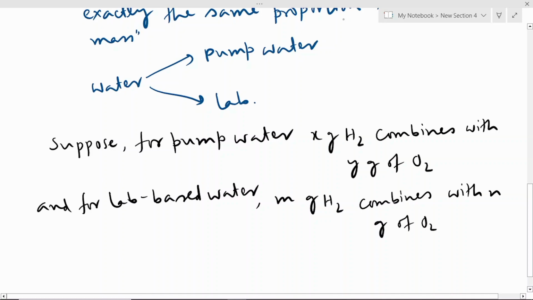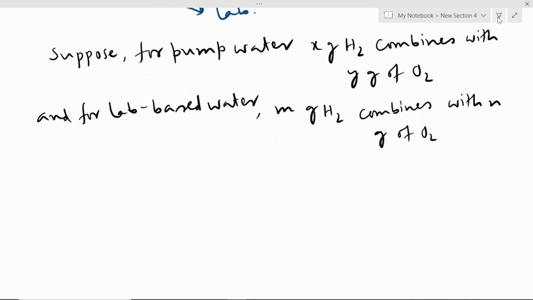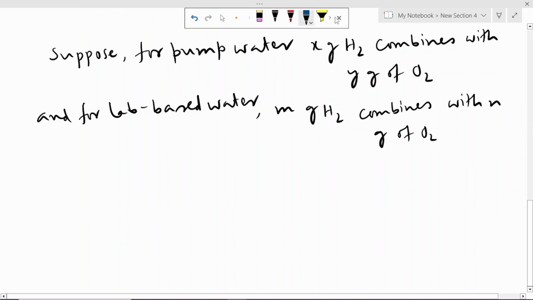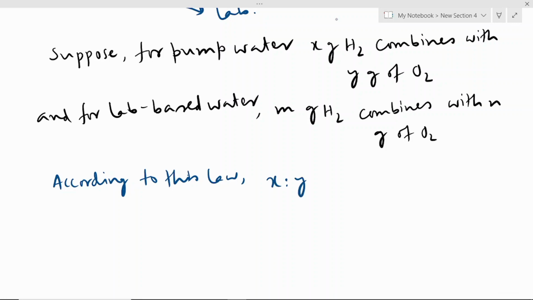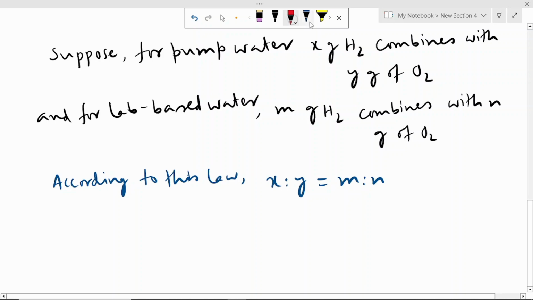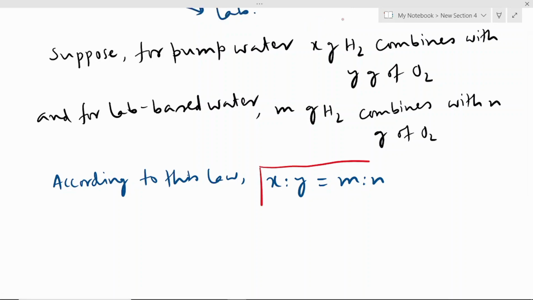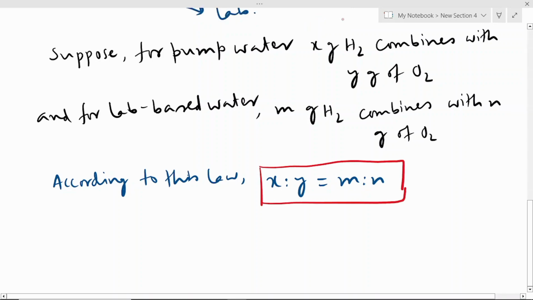So according to this law, we can say that X is to Y is equal to M is to N. This is the main thing of this law.